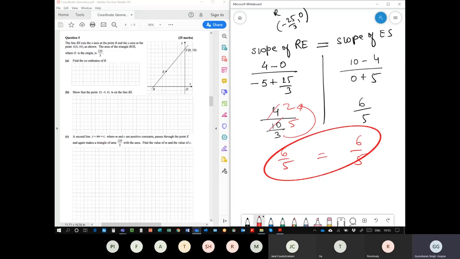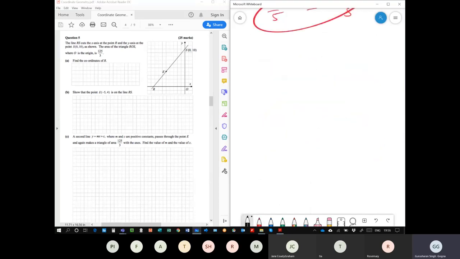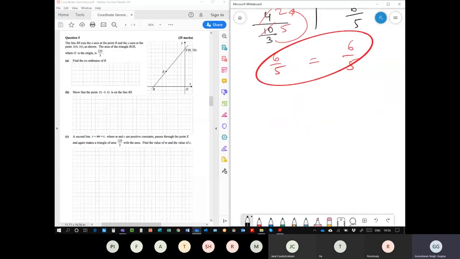Okay, imagine if E is not on the line, what will happen? You will get the different slope, isn't it? So if let's say R and S is here, E is somewhere here, so obviously slope of RE should be different from ES in that case, isn't it? So this will automatically prove that E is not on the line.